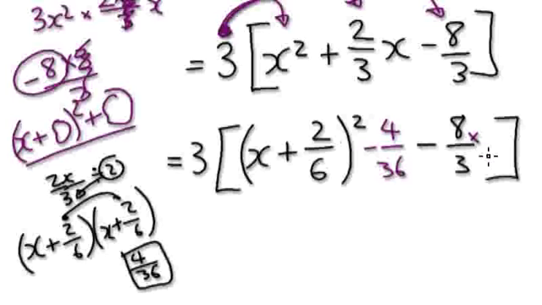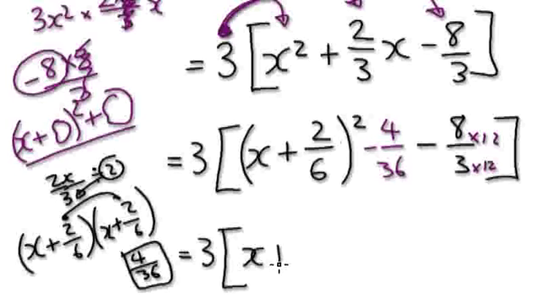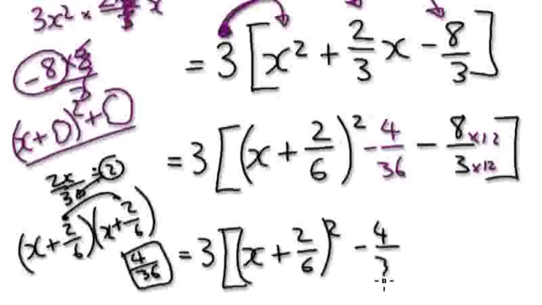So let's times top and bottom here by 12. So this here would become 3 square bracket x plus 2 over 6 squared, and then minus 4 over 36 minus 96 over 36 here.